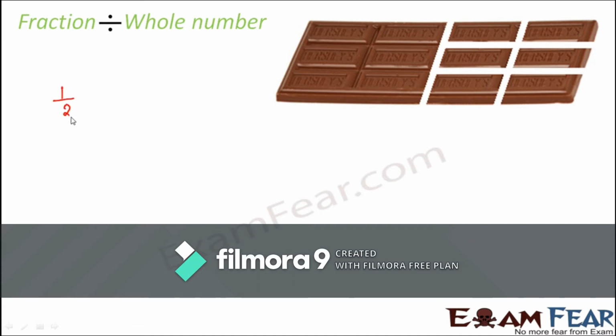Now here our challenge is, how do we do this? 1 by 2 divided by 6. How will we do this division? Now let us have a quick recap of what we have learned from division of whole numbers. Do you remember that whenever you divide two whole numbers, for example 8 divided by 4, what does this mean? 8 divided by 4 is the same thing as 8 by 4, which is the same thing as 8 into 1 by 4.